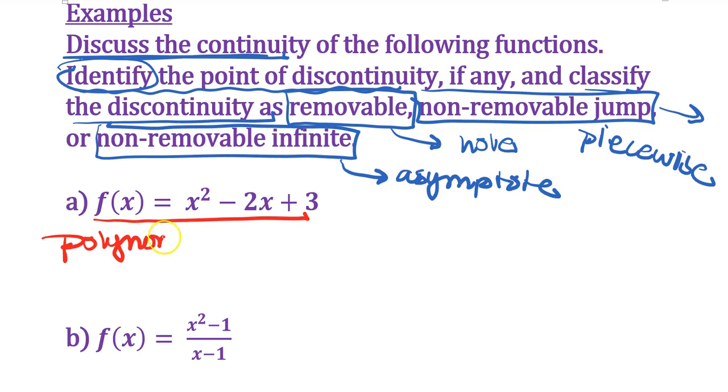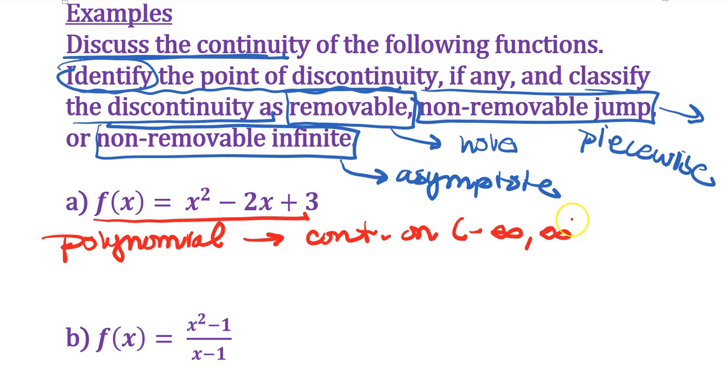And because it's polynomial, I can state that this will be continuous on the interval between negative infinity and positive infinity. So what that's implying is that there are never any breaks or gaps in that graph along the x-axis, because that's the way that our continuity intervals are named. And I don't have to do any more than that, because I've identified this as polynomial and then applied the idea of the theorem.